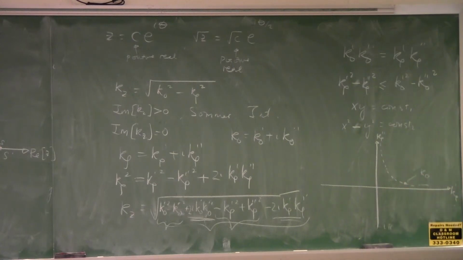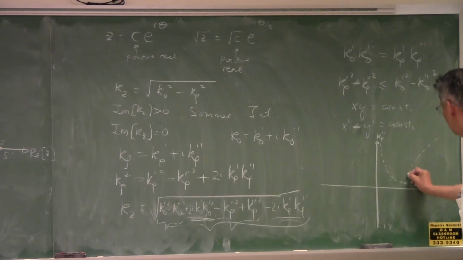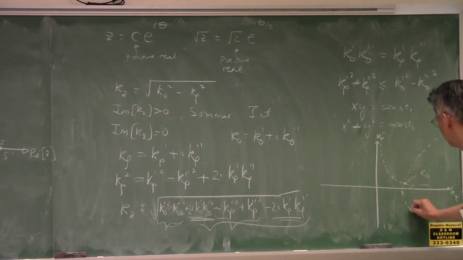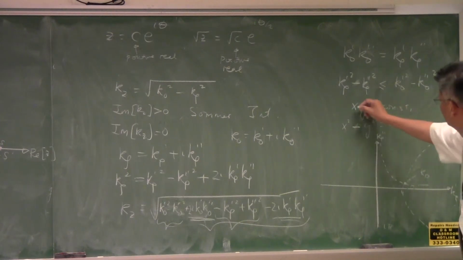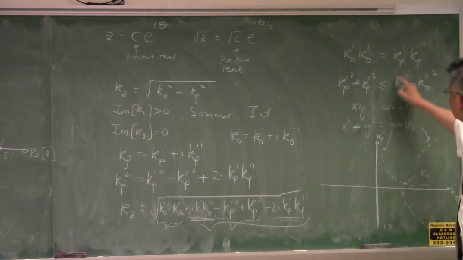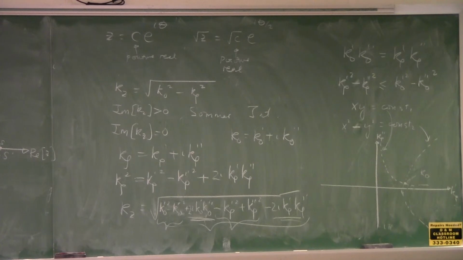The second equation actually looks something like this. It's also a rectangular hyperbola, but rotated by 90 degrees. This is this equation, this is that equation. You will check those equations.